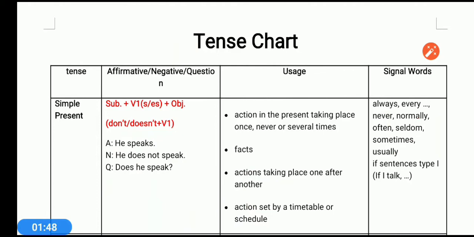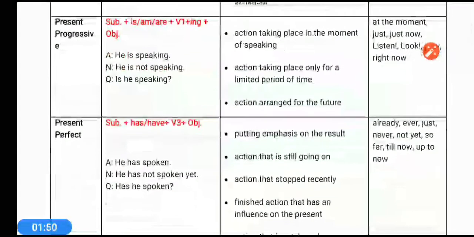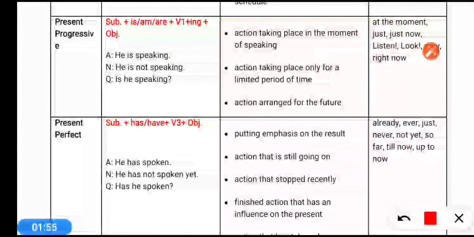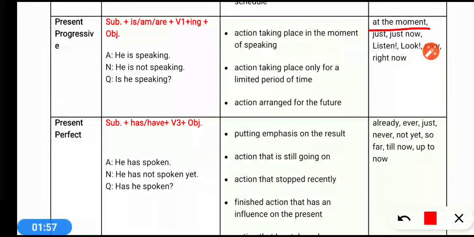Now we are going ahead with the next tense, that is the present continuous tense. Present continuous tense signal words, you remember, at the moment, just now, or commanding words. If we talk about verb, so is/am/are plus ing form is used in present continuous tense.